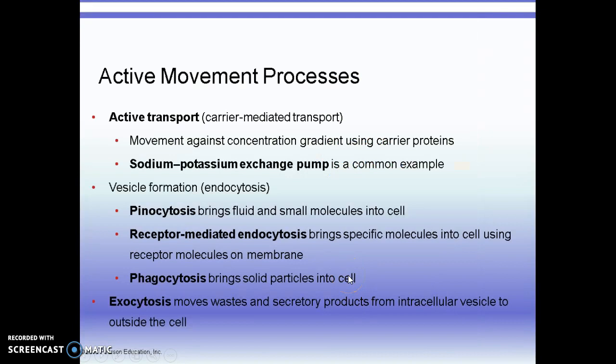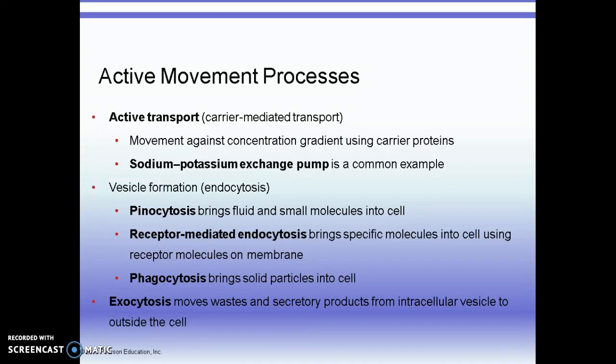Active processes also include carrier-mediated transport. An example would be the sodium-potassium pump. Sodium is constantly coming into the cell because our blood is about a 0.9% salt solution. So sodium, which is higher in the blood, tends to flow into the cells.